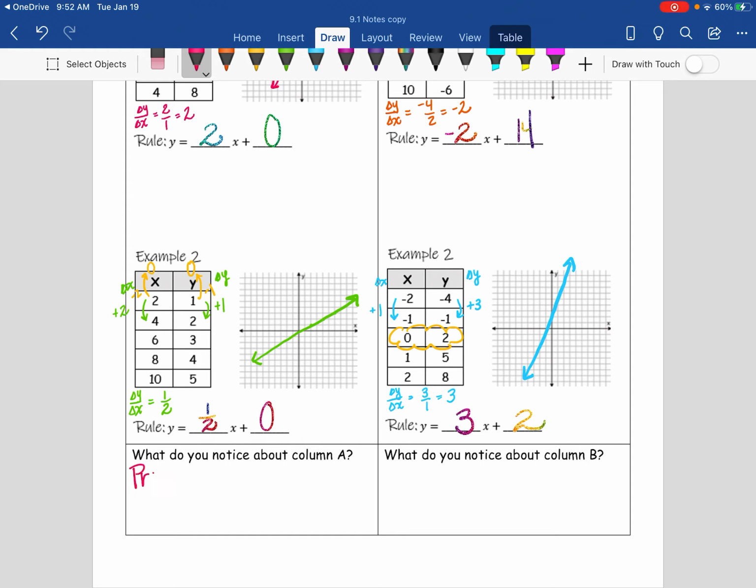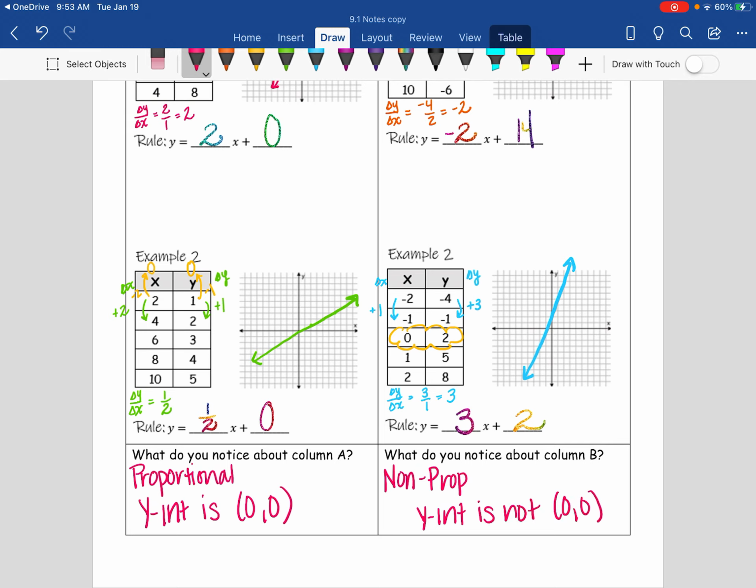So proportional linear is what we have in column A. The y-intercept is 0, 0. And then non-proportional, the y-intercept is not 0, 0.